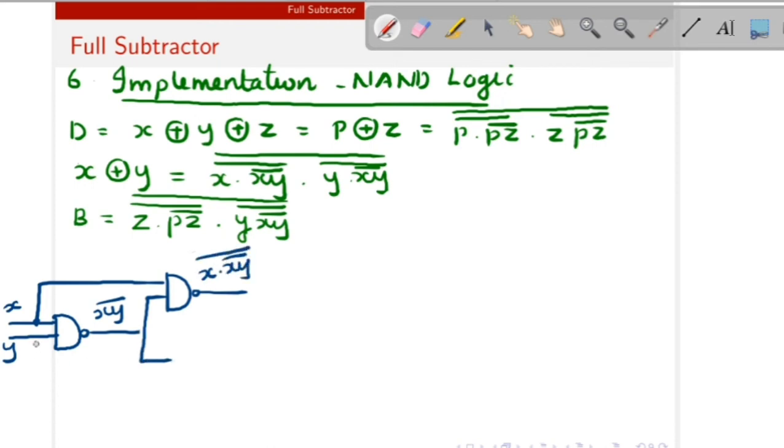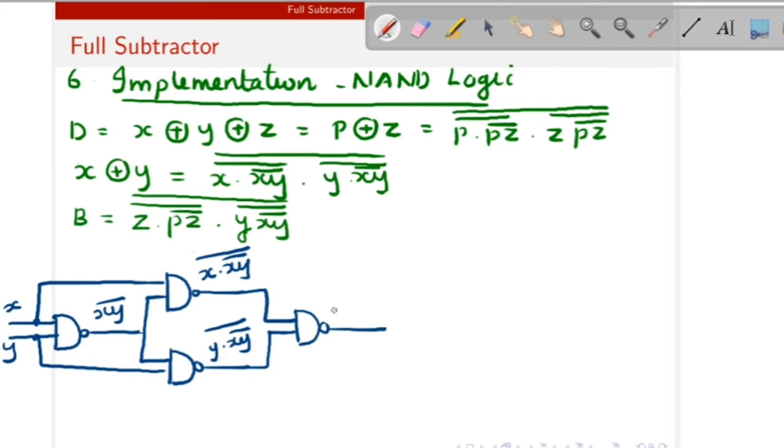Similarly take this XY bar and NANDed with Y. Here we have Y into (XY bar) whole bar. Then these two outputs are again given to another NAND gate. So here we get the output as X into (XY bar) whole bar dot Y into (XY bar) whole bar. That is actually P.